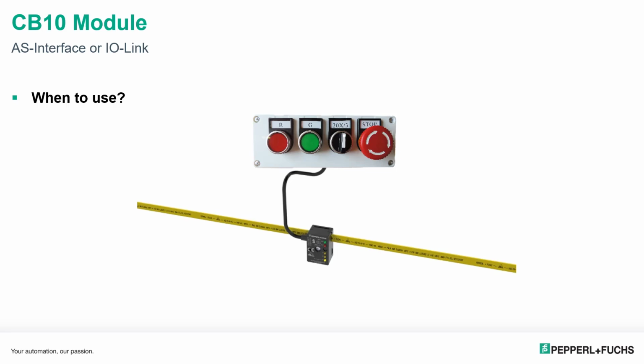The yellow flat cable can be run up to 100 meters, and with repeaters, the network can be even larger than that. Also remember that the topology is very free form. You can route the yellow flat cable to wherever you need to go to hook up more modules. Also, ASInterface is great when you want to have safety on the network.